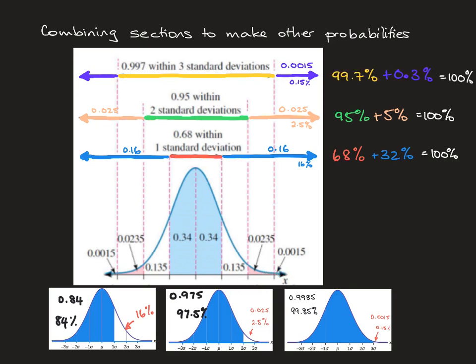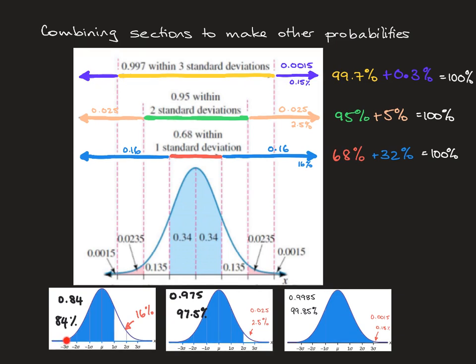And then finally the 99.7%, if you add 0.3% to that, you get to 100%. So you want half of 0.3%, which is 0.15%, and that goes on the left-hand side and on the right-hand side. And so when you start to add those different sections together and recognize those probabilities, you'll come up with some other probabilities that you can work out.